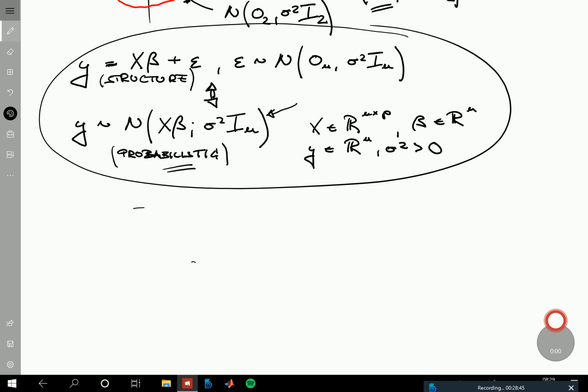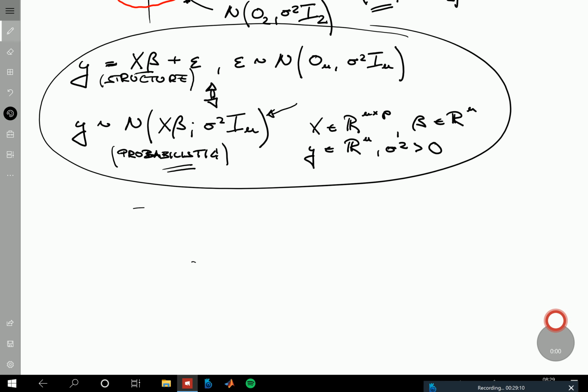Can we say deterministic instead of structural as well? No, I wouldn't call it deterministic. I mean, the deterministic aspect is only this x beta, but the epsilon is of course also a stochastic or random component. So it's y being equal to x beta plus epsilon. It's not a deterministic model. If we leave out the epsilon, then we have a deterministic model.